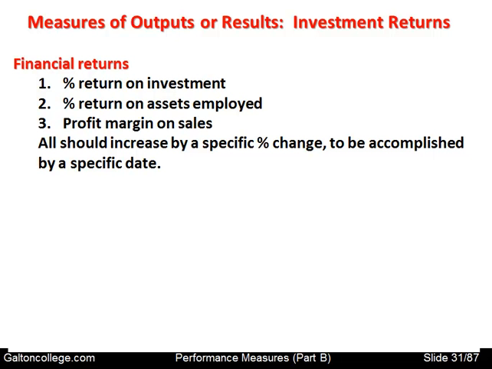So it could be the return on a piece of capital, return on a piece of investment, or return on all the assets of the business. It could be they want to see the profit margins growing on particular lines of production.